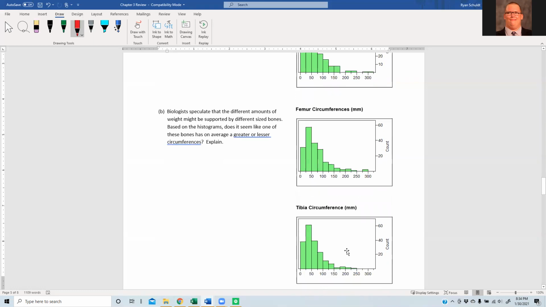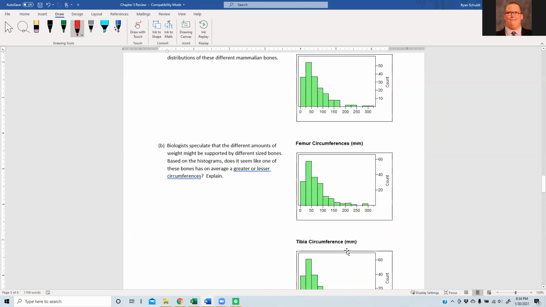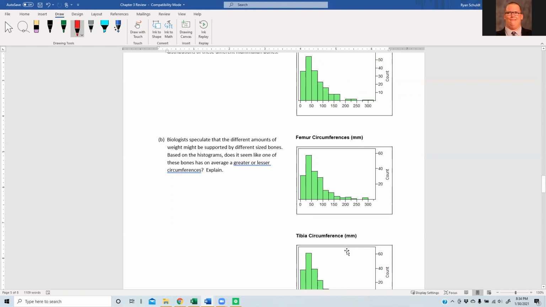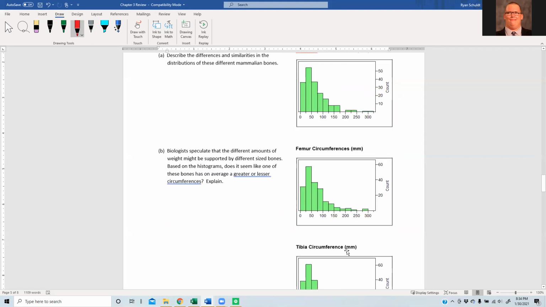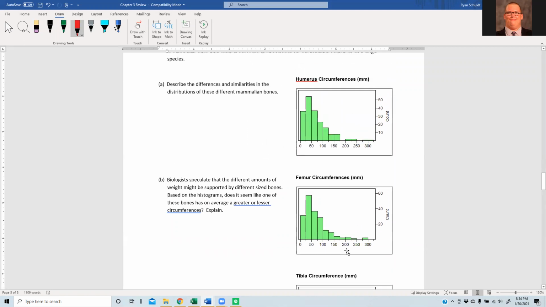Vertical axis is almost the same, but not quite. Okay, yeah, so let's see. A says describe the differences and similarities in these distributions of these different mammalian bones. Okay, so let's kind of look here. Let's look at the shape first.